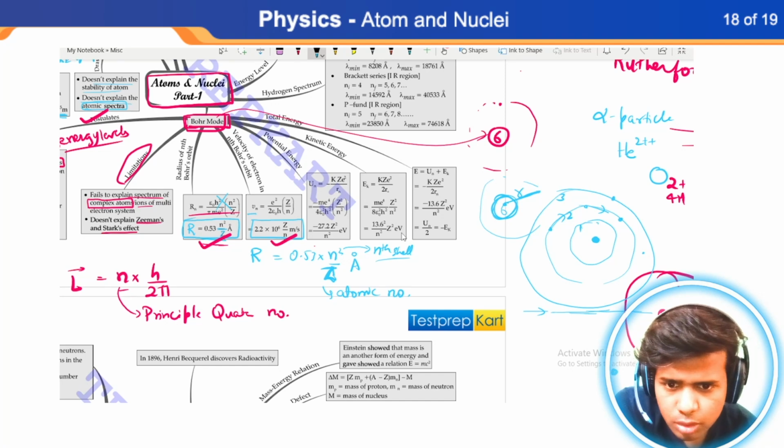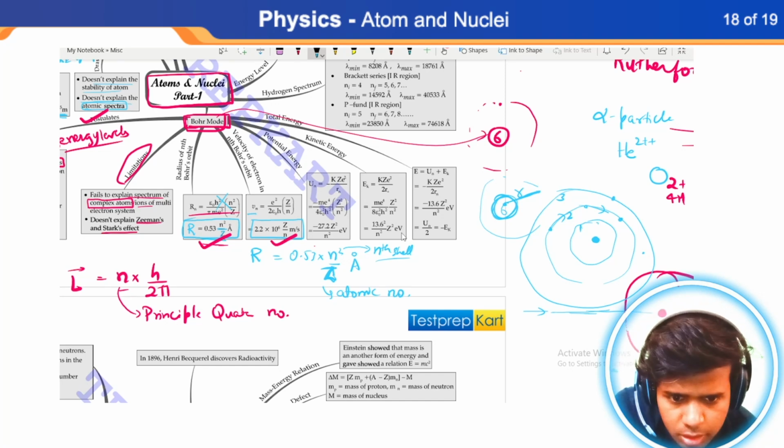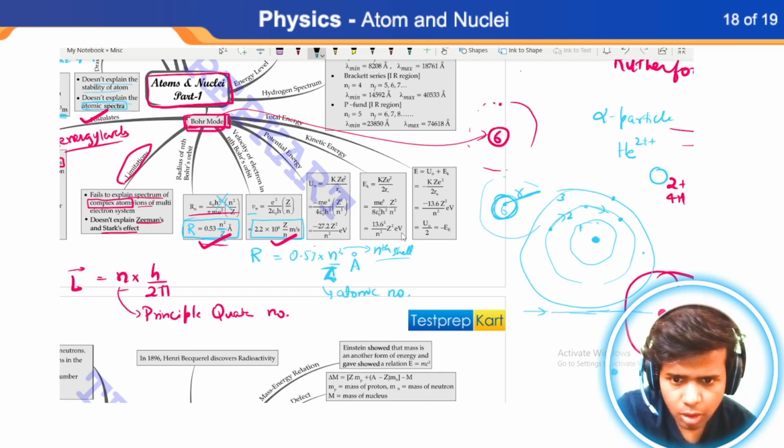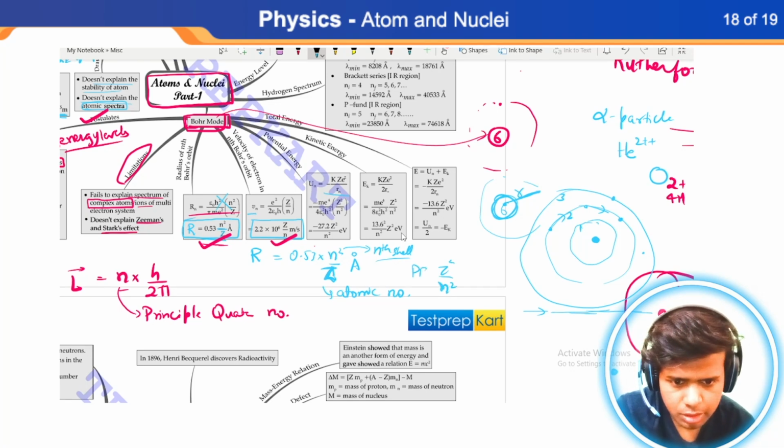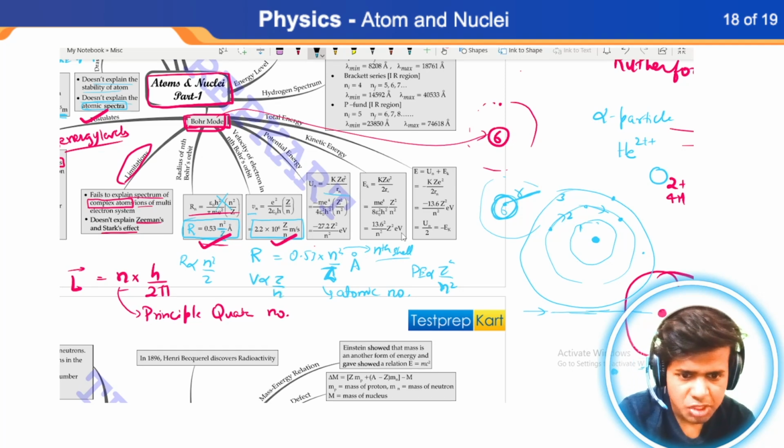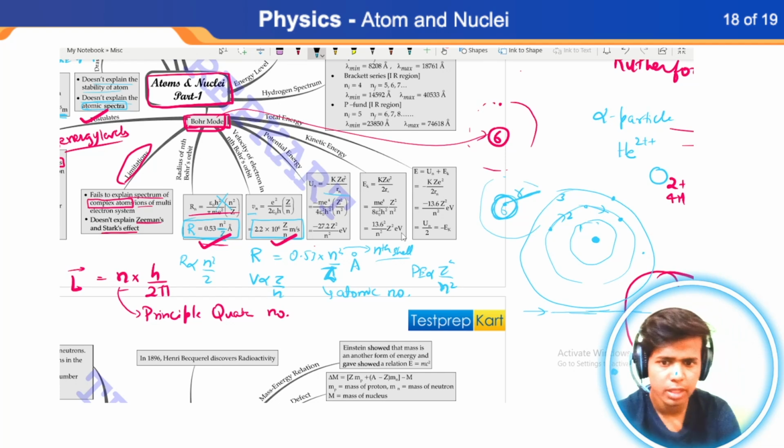Now, let's talk about the total energy, or let's talk about the potential energy. Potential energy is given by this formula, where it is dependent on z square by n square. You can also remember these things: r is dependent on n square by z, v is dependent on z by n, and potential energy is dependent on z square by n square.